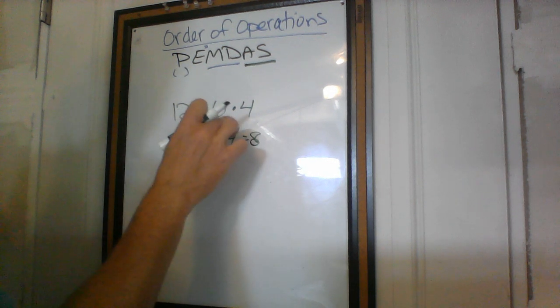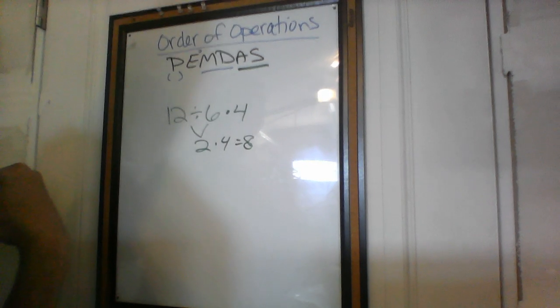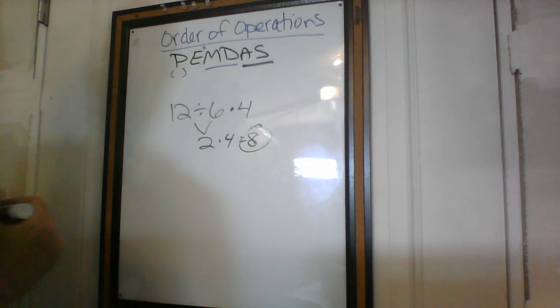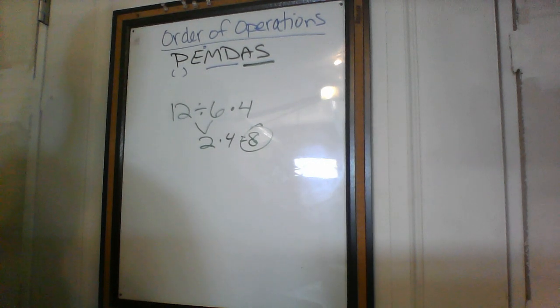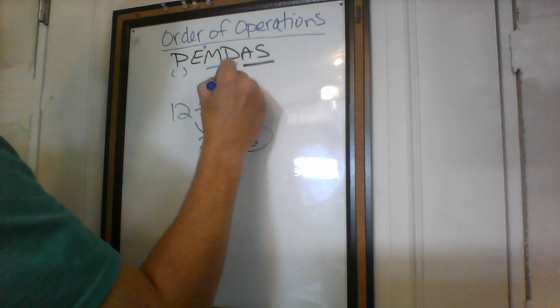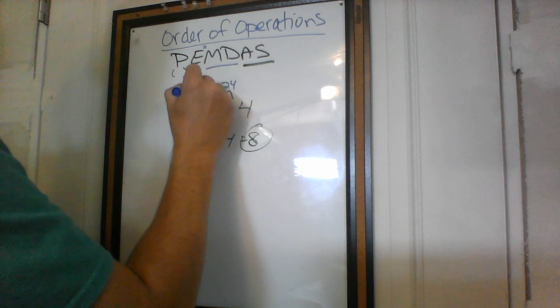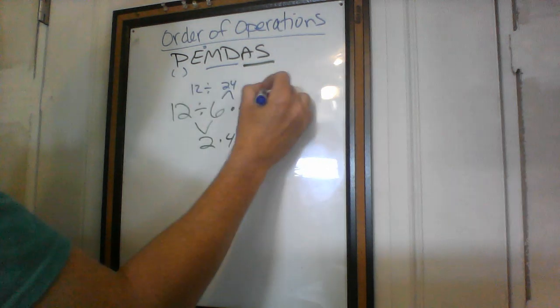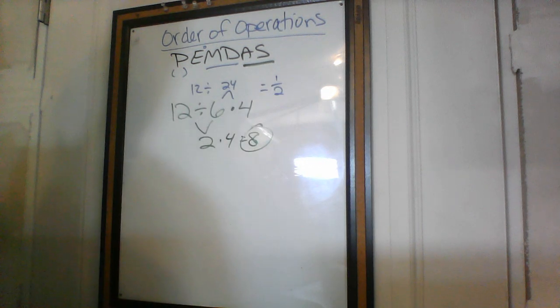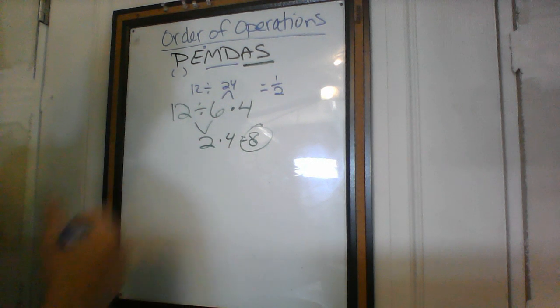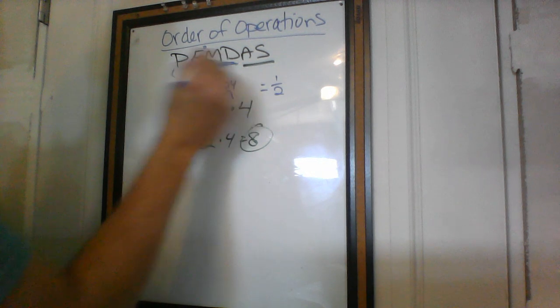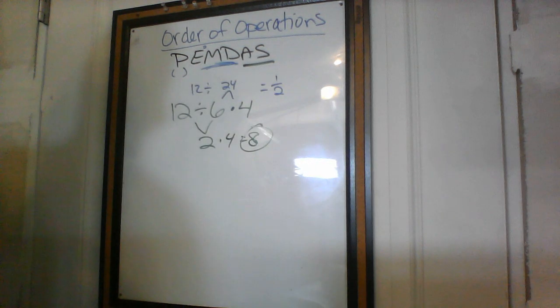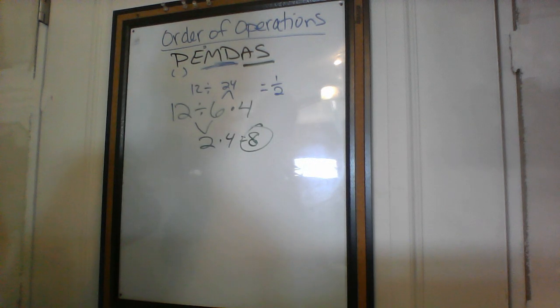All right, 8 is our correct answer. If we do our multiplication first, we get 24, and now we're going to be dividing 12 by 24. So 12 divided by 24 equals 1/2. Okay, big difference. Make sure we work left to right with our multiplication and division and our addition and subtraction.